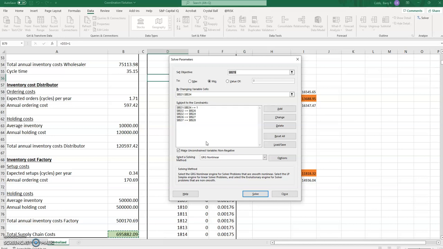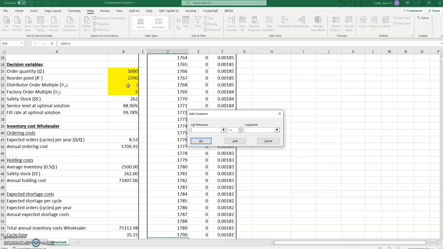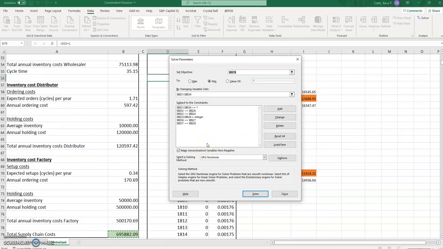And then the one final constraint that we need is that these 2 order multiples are integers. The way we can enter that is we can highlight these in a constraint, and in the middle, change the drop-down to int, which is integer. And this should be our entire Solver window for this problem.